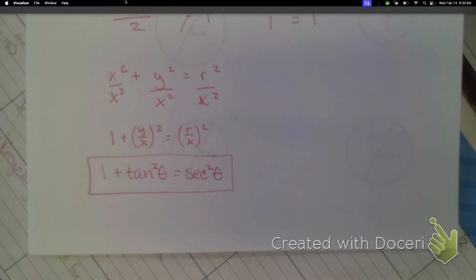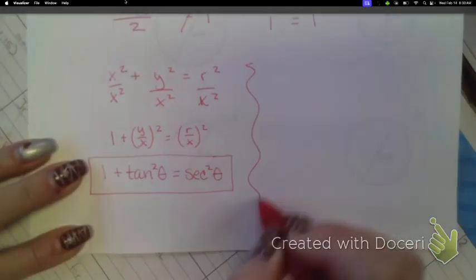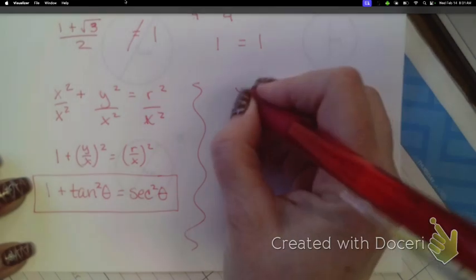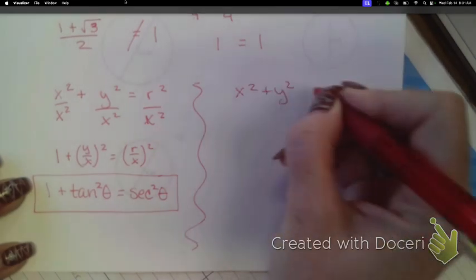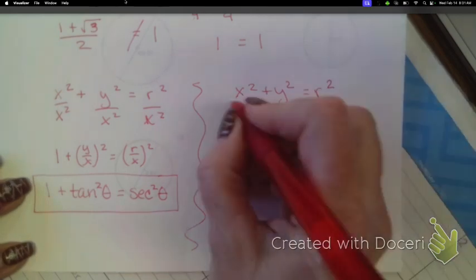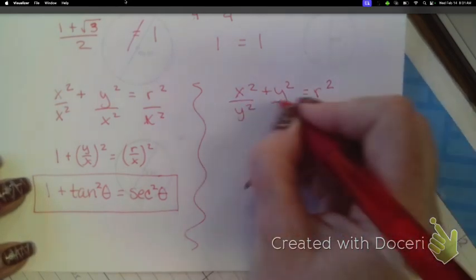Okay, so one more. What's the only thing we haven't made? Cotangent. Well, x, y, or r. It's the only y. So we're going to divide everything by y squared.